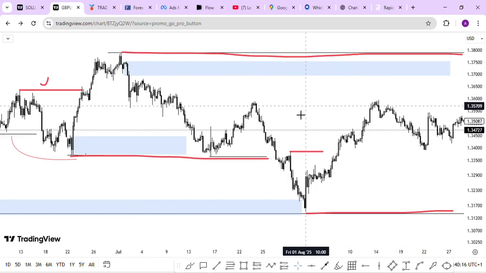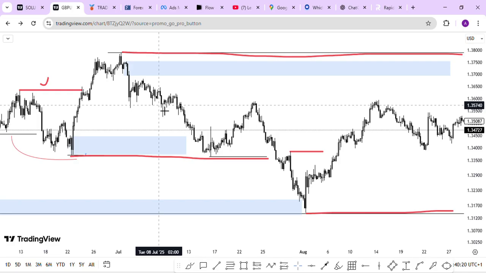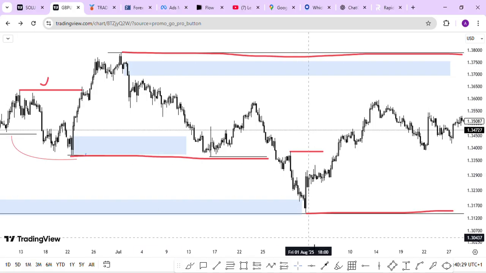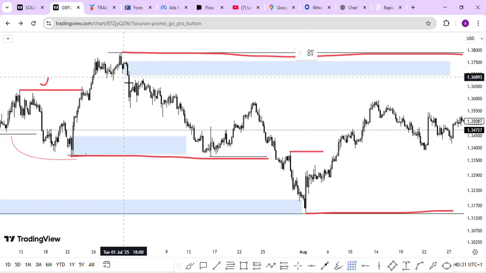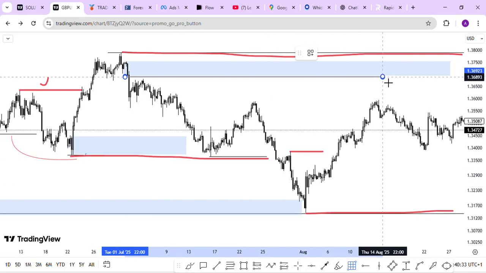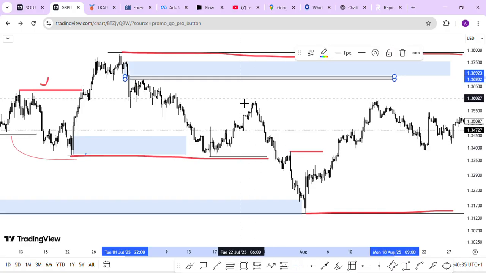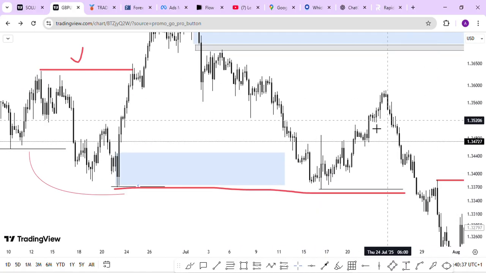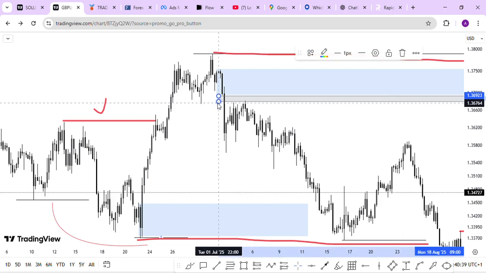Remember, you can also watch my video where I explain what makes this valid, why we choose the extreme order block, and the characteristics that guide it. The extreme order block must have a fair value gap, and if I highlight it, you can see we had a gap in between like this. These are fair value gaps that the market left.